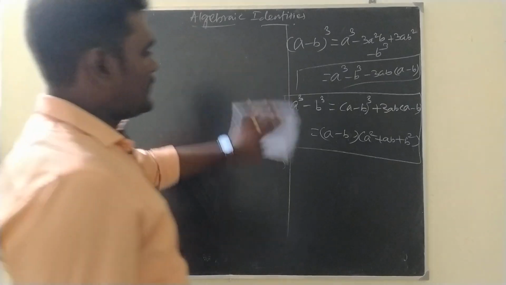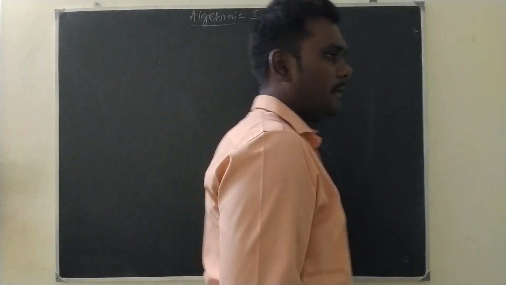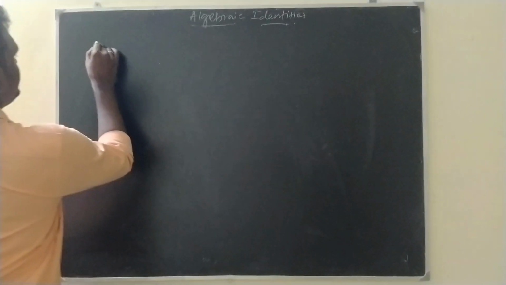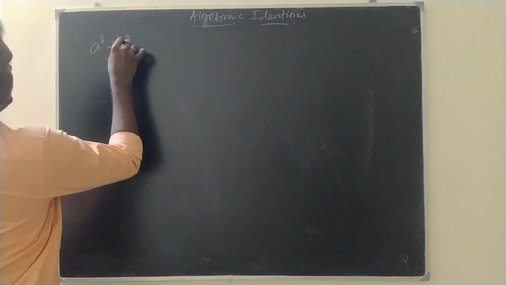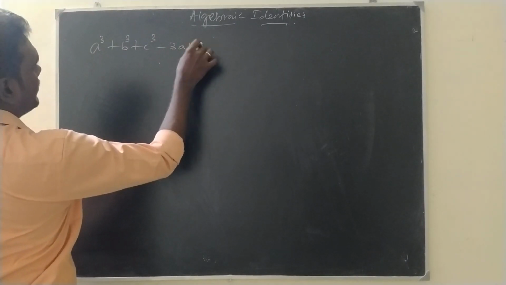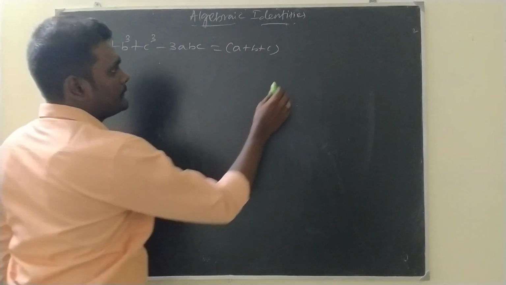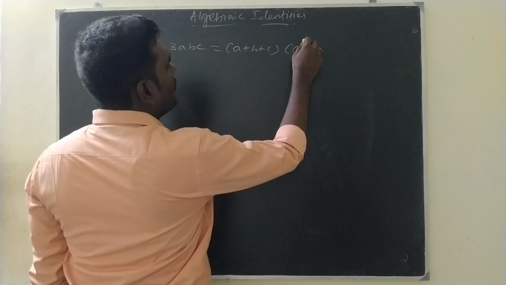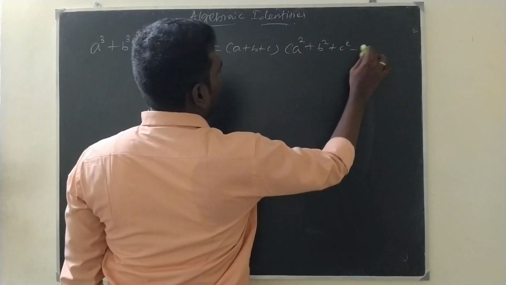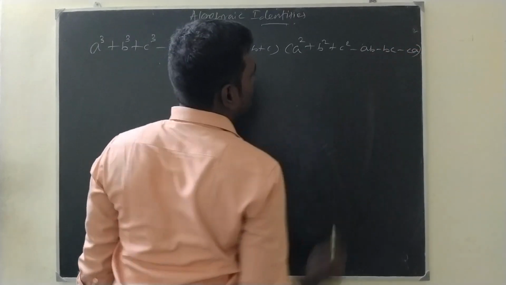One special product, a special identity is there. Why is it so special? You just see. It is a³ + b³ + c³ − 3abc = (a + b + c)(a² + b² + c² − ab − bc − ca).